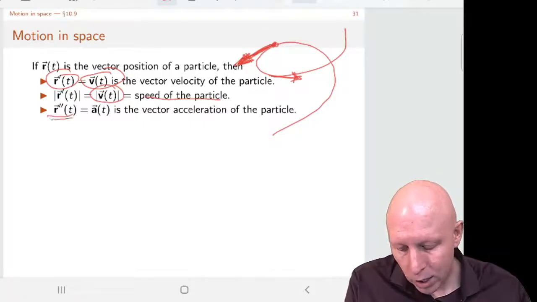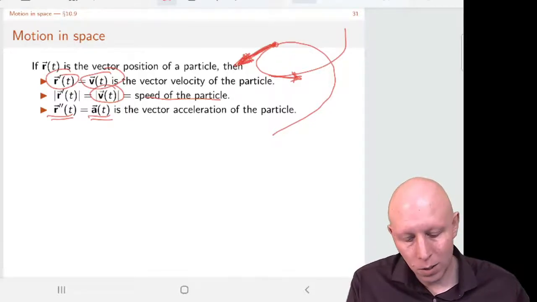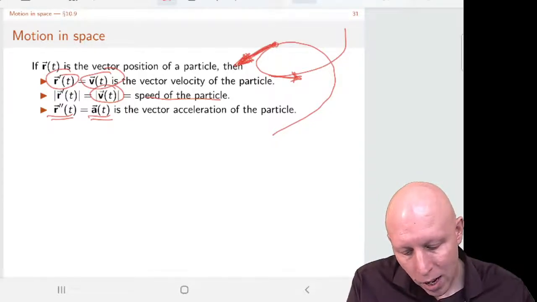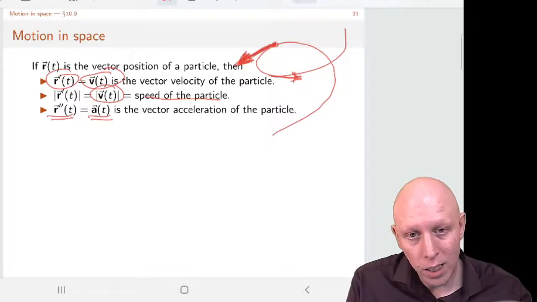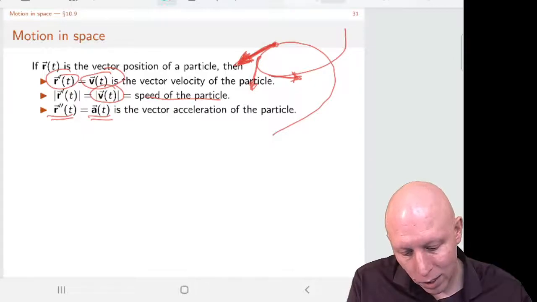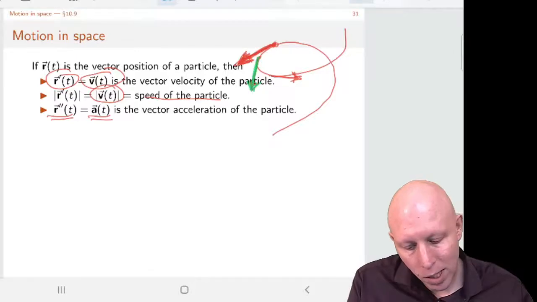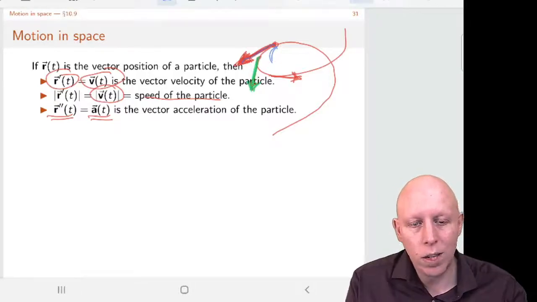And if we take the second derivative of r, we get the vector acceleration. The acceleration is in what way the velocity is changing. So the velocity was in this first direction, the red direction, and then the velocity becomes the green direction. There's some force, some acceleration happening that's turning the red vector into the green vector.